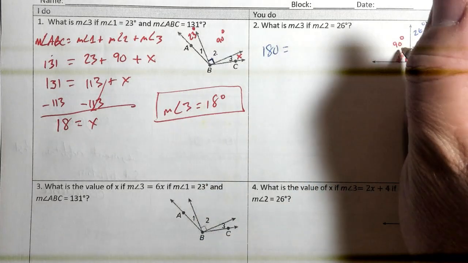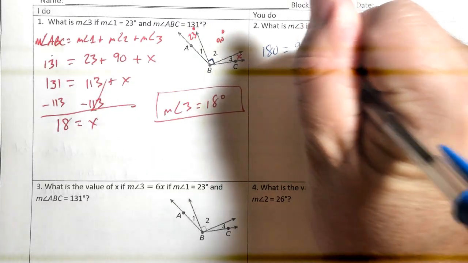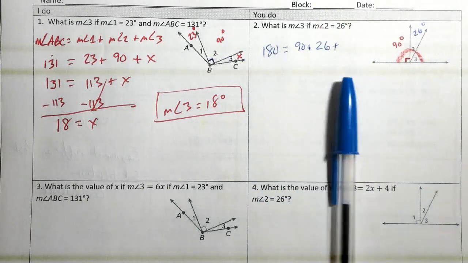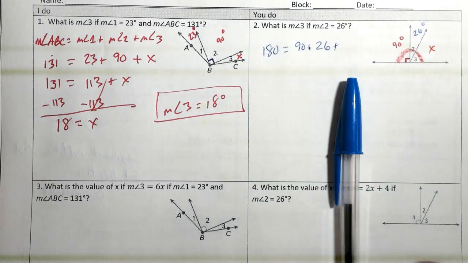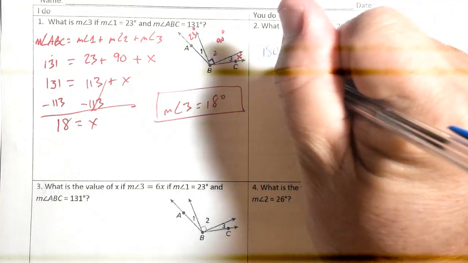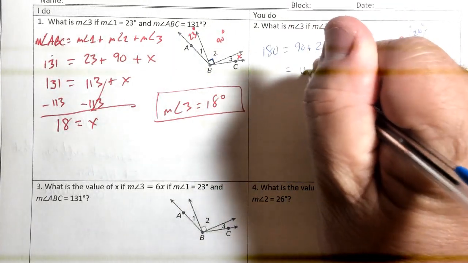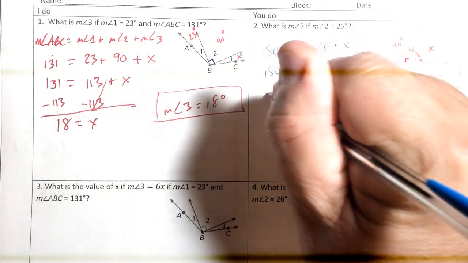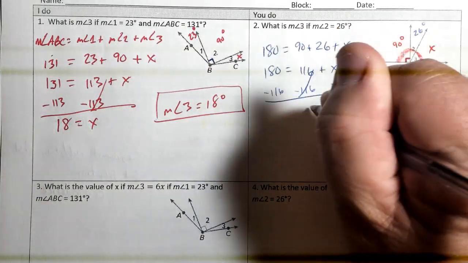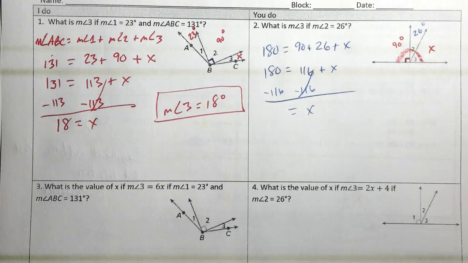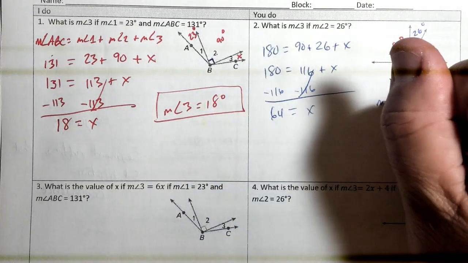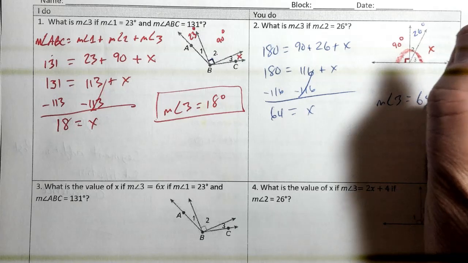So 90 was 1, 26 was 2, and we don't have 3, so we're going to call it x. Okay, so 90 plus 26 is 116. Subtract the 116 from both sides. 180 minus 116 is 64. So the measure of angle 3 is 64 degrees.